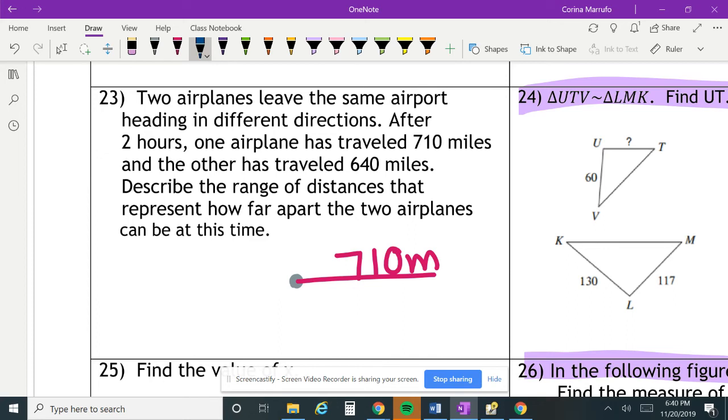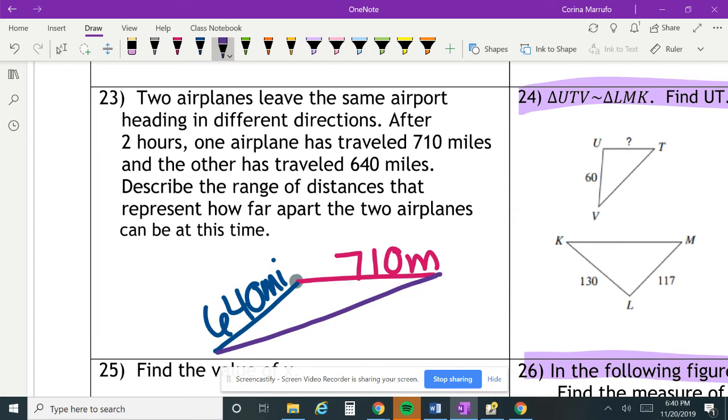And then we have another airplane that travels, say, in this direction, and it is 640 miles. So we are looking how far could they possibly be apart. So this is our triangle theorem, where these 2 legs have to add up to more than the third leg in order for this to make a triangle.